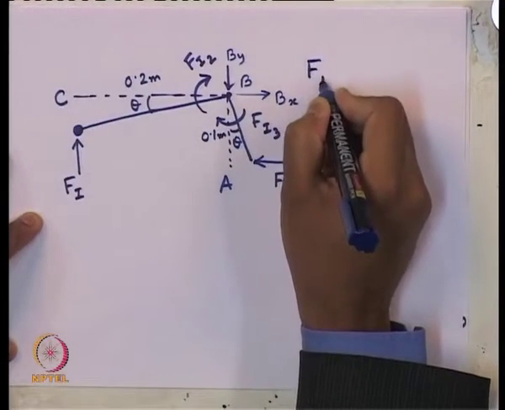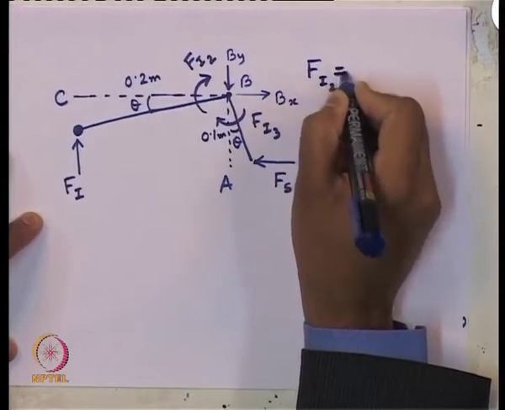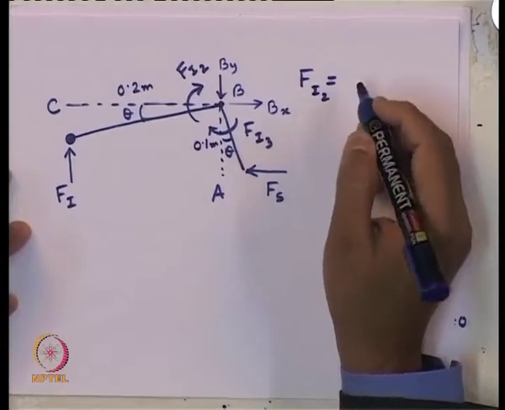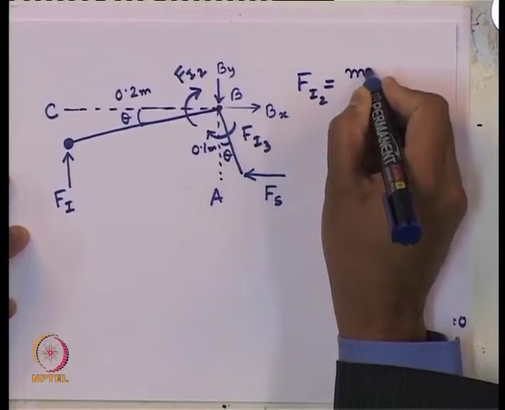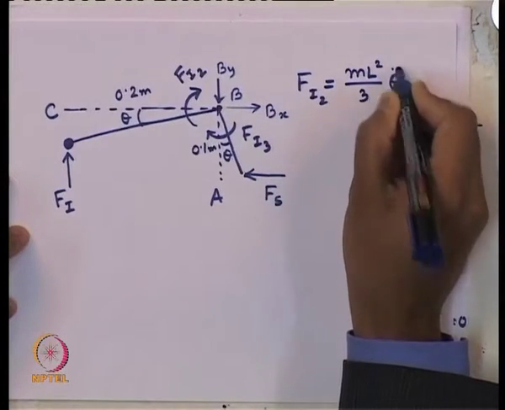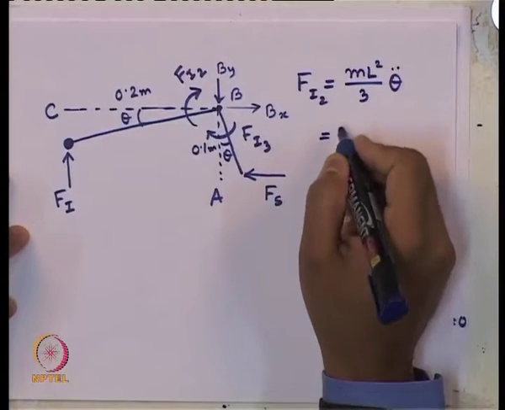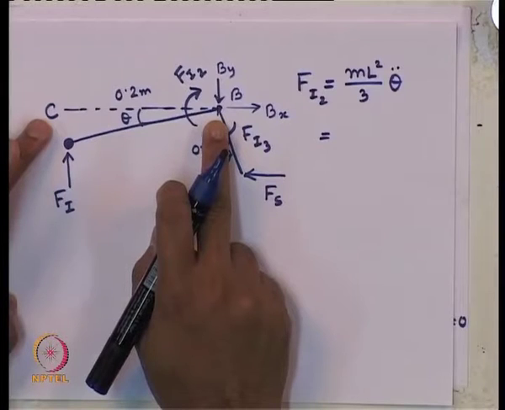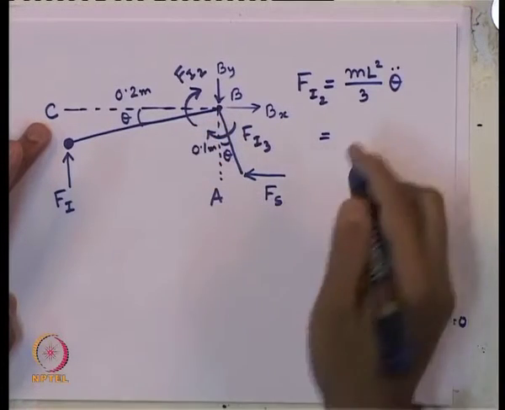Let us see how much are the other two new inertia forces. F I 2 should be how much? It is m l square by 3 theta double dot, right. So, how much is the mass for the rod B C? That is 2 kg.